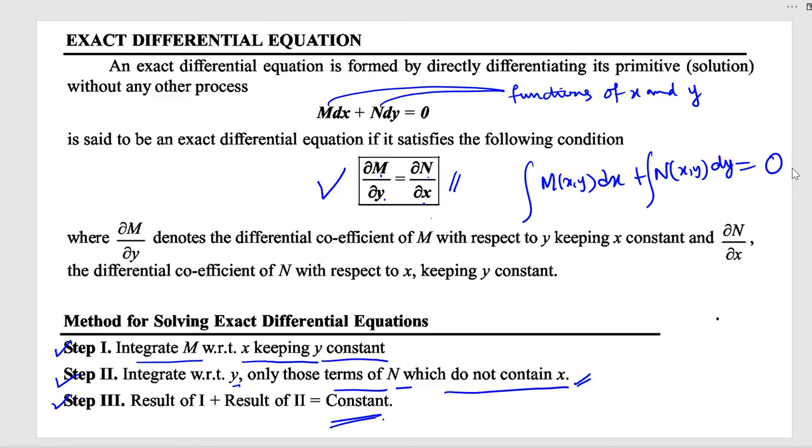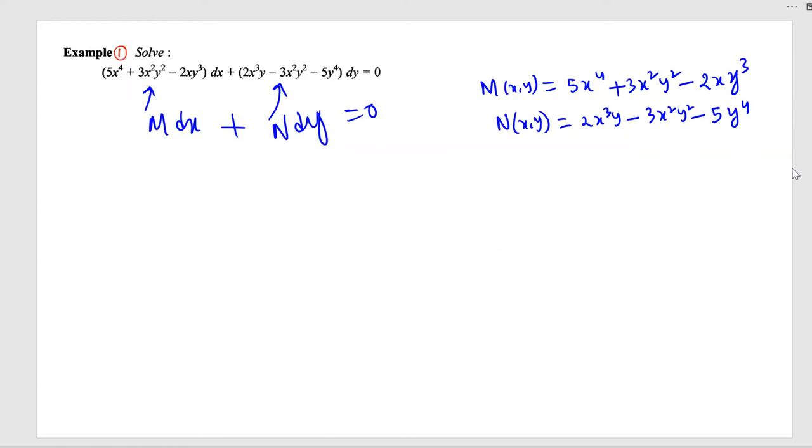See, the task is to verify whether this is exact or not. So let us calculate del M del y. From here, del M del y is 0 plus, from here you get 6x square y minus 6x y square.